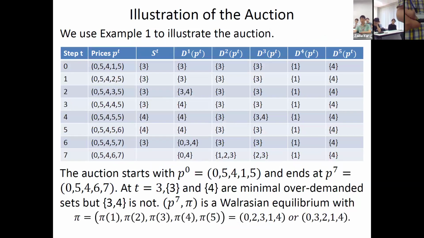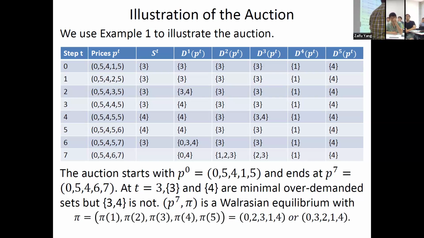Okay, so let's look at this example. You see here why this set cannot be a minimal over-demanded set, because we have to think about any proper non-empty subset, which could be over-demanded, right?